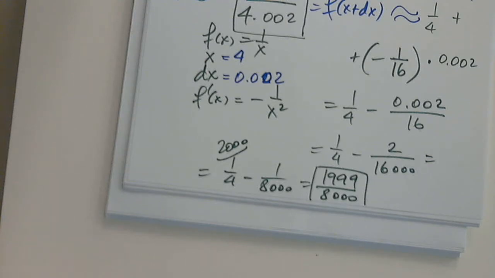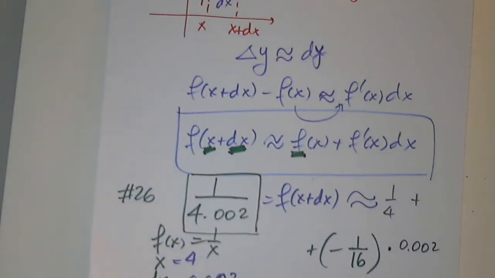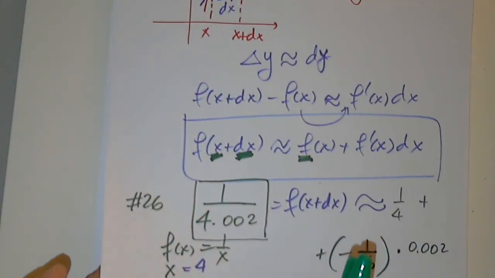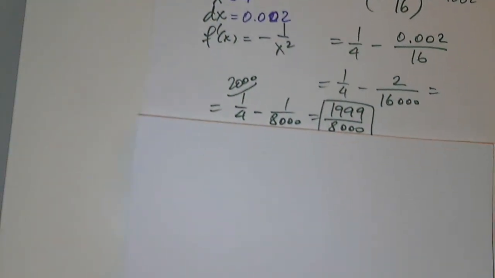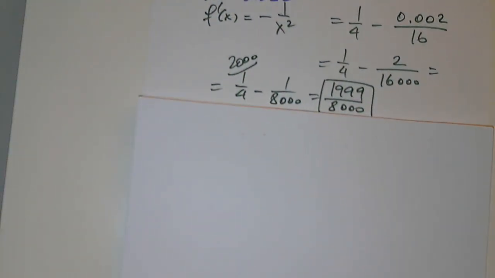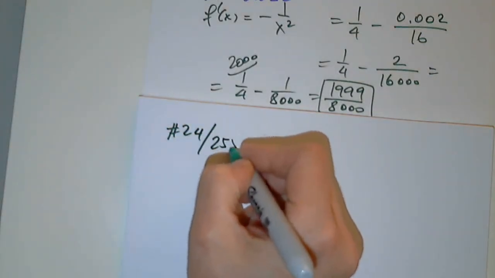Okay, so now let's do that E thing. Because this one is not that surprising, right? I mean, not a big deal. I can divide. But this is absolutely impossible by hand. So let's take a look at 24 on 255.